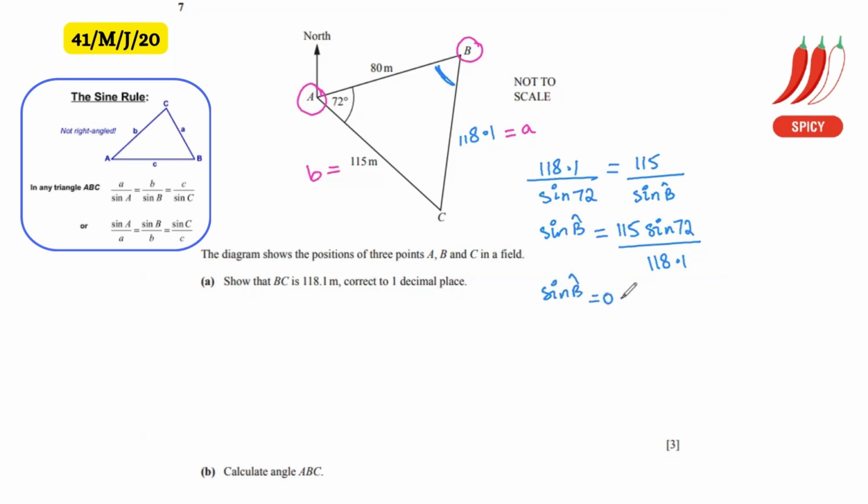That equals 0.92609. Angle B would be sine inverse of this. And that will give us 67.8 degrees. That's your angle ABC.